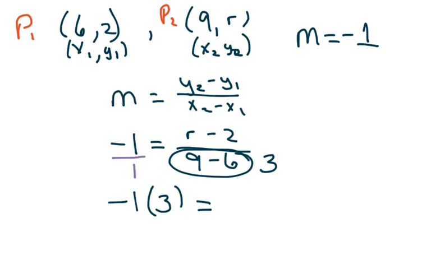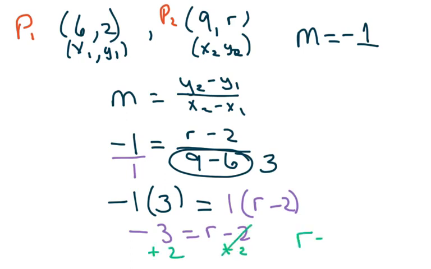So you multiply 1 times r minus 2. So we get negative 3 equals r minus 2, because 1 times that is just that. Add the 2 to both sides. So that cancels, so we get r equals negative 1. It's pretty simple.